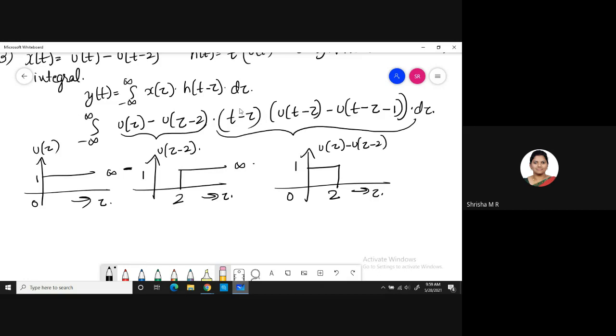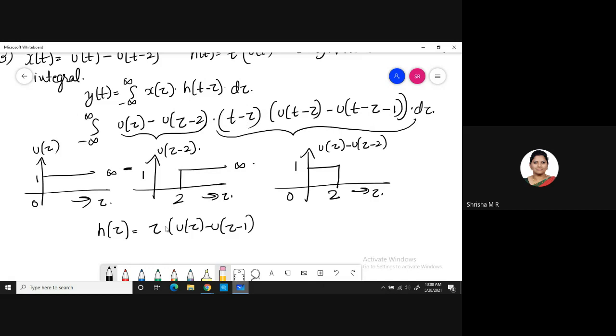Plotting this directly is difficult, so we'll plot h of tau first. What is h of tau? h of tau is tau into u of tau minus u of tau minus 1. For h of t minus tau, we are replacing tau with t minus tau.